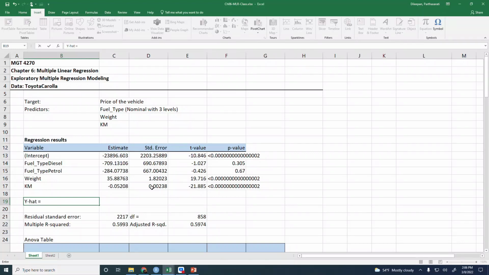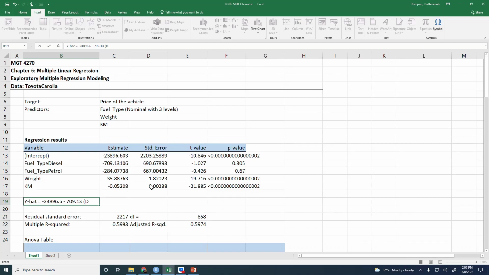Look for it. So y hat is minus 23896.6. That's our intercept. And then minus 709.13 fuel type diesel.